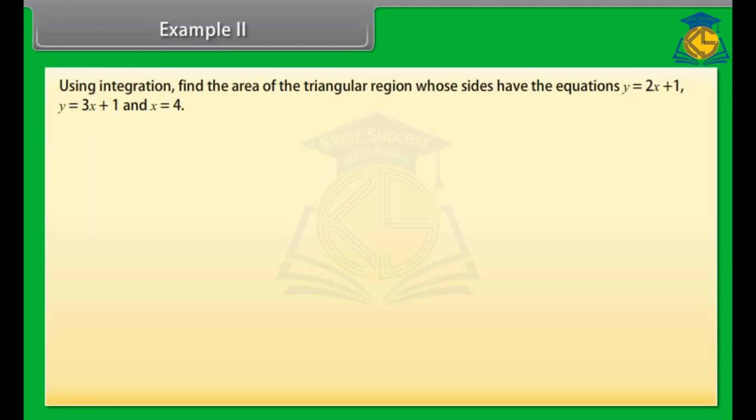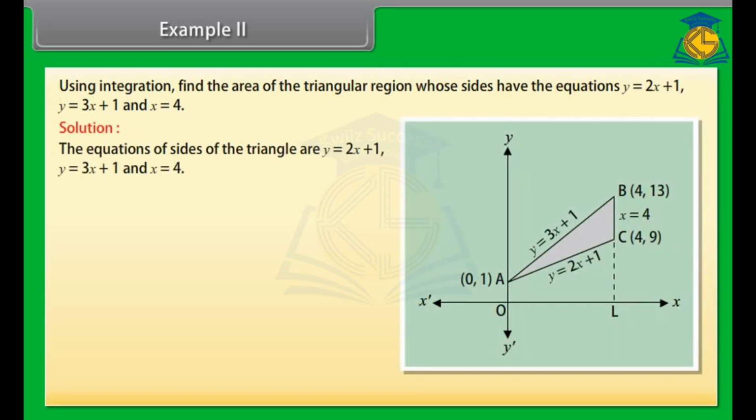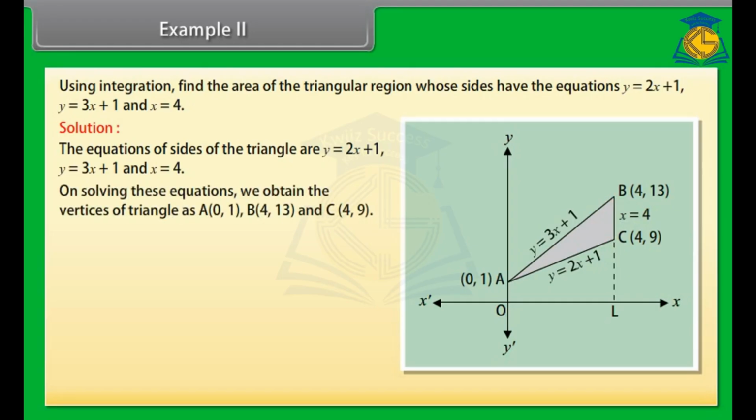Example second. Using integration, find the area of the triangular region whose sides have the equations y equals 2x plus 1, y equals 3x plus 1, and x equals 4. Solution. On solving these equations, we obtain the vertices of the triangle: A(0, 1), B(4, 13), and C(4, 9).